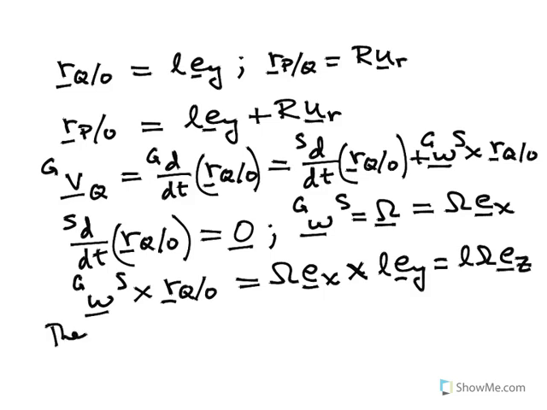So therefore, the velocity of point Q as viewed by an observer fixed to the ground is equal to L omega EZ. So that gives me the first part.